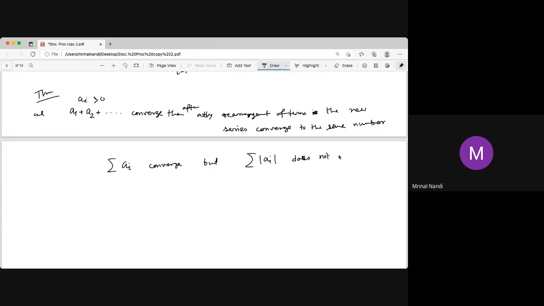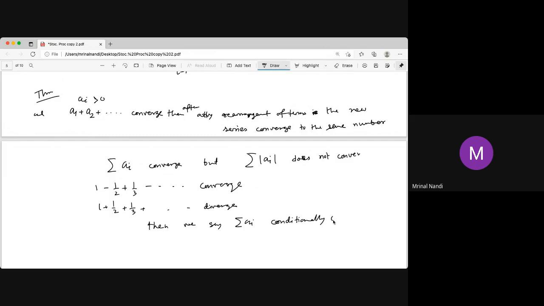For the harmonic series, this alternating series converges, but 1 plus half plus 1/3 does not converge, this diverges. In that case, we say this summation is conditionally convergent.